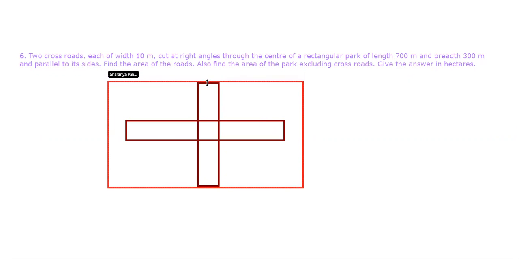So it is inside a park. This road is parallel to these two sides, and this is parallel to these two sides. Now it is given that we find the area of the roads, these two roads, and also find the area of the park excluding the crossroads.